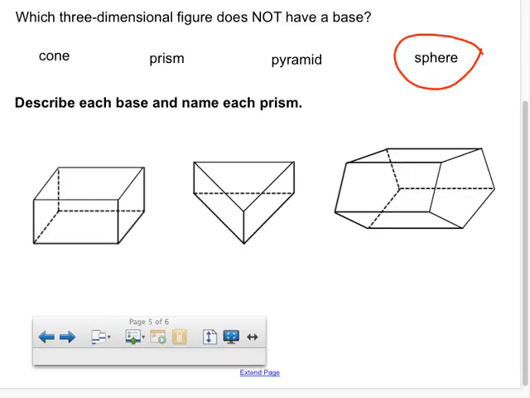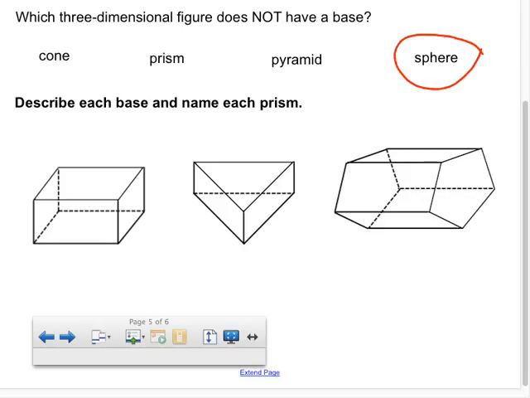Who can describe the base of this first shape and tell me the name? What's the base of this first shape? Nathan? Come on. This is a prism. Yeah, what is the base? He said name the base. But would we name the prism that?